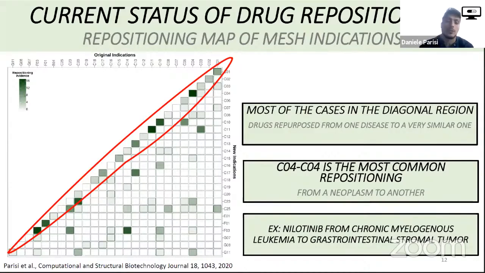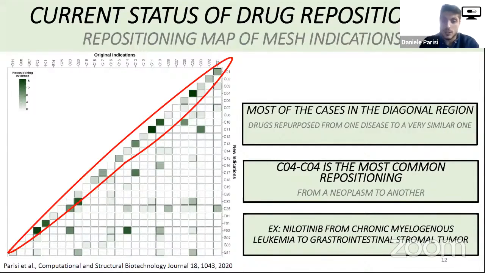that means we've been repurposing most of the drugs from the same MeSH indication to the same one. So, for example, most of the drugs have been repurposed from C4 to C4. That means from one kind of neoplasm to another kind of neoplasm, so the same therapeutic indication.